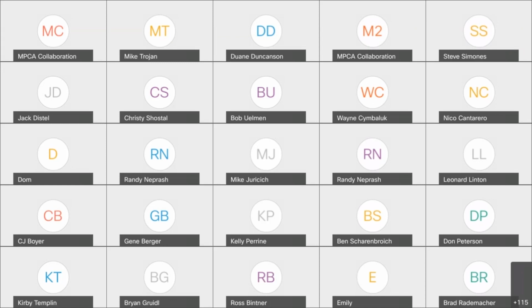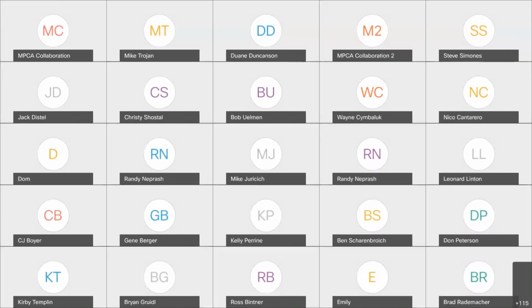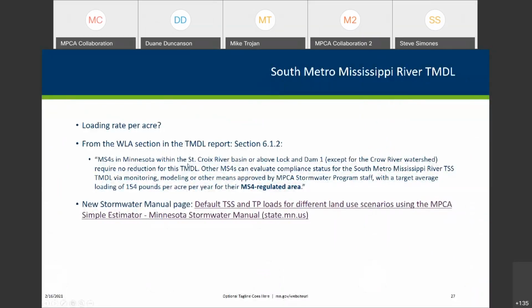Sorry, I lost everything. So for South Metro, MS4s in Minnesota within the St. Croix River Basin or above Lock and Dam 1, except for Crow River, require no reductions. So you don't have to report on your BMPs for the South Metro TMDL.